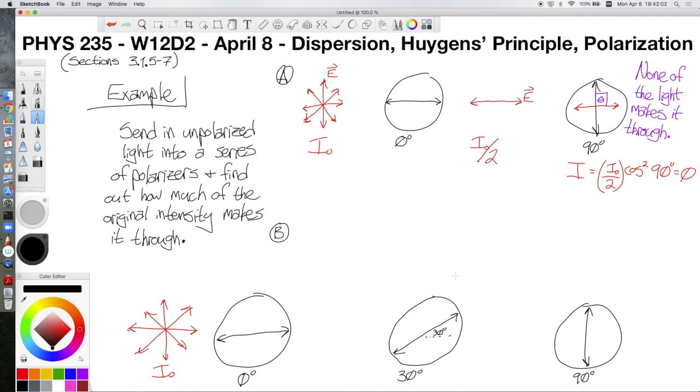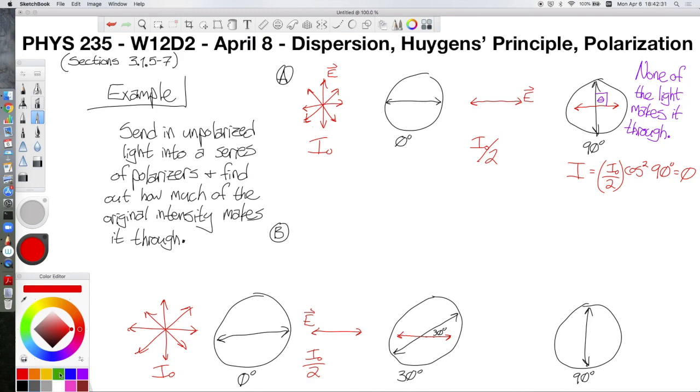So let's work through it. First, we have unpolarized light hitting a polarizer, and this will be the same process as before. We will end up with half the intensity we started with, and our light will be horizontally polarized. But now this horizontally polarized light is going to be sent into this polarizer with a polarizer axis oriented at 30 degrees.